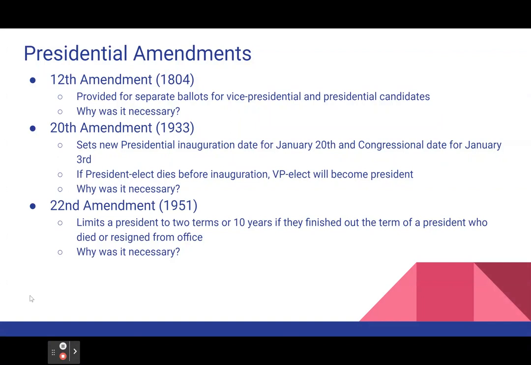He wins 4 presidential terms, and he is inaugurated 4 times. He dies in April of 1945, just a few months into his fourth term. He was a very sick man, very sickly, and dies just a few months into his fourth term.